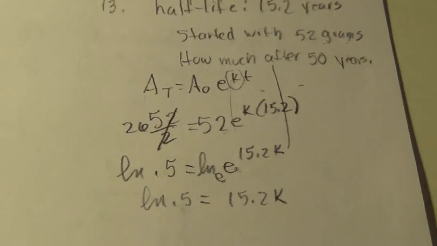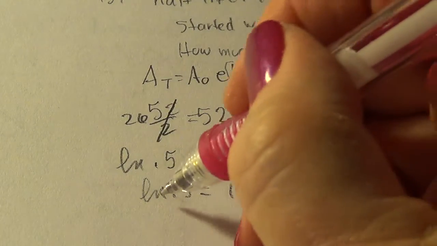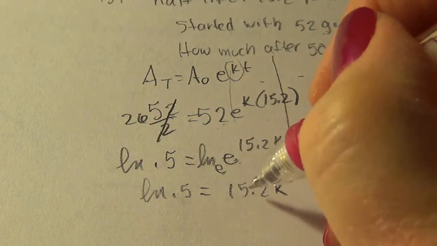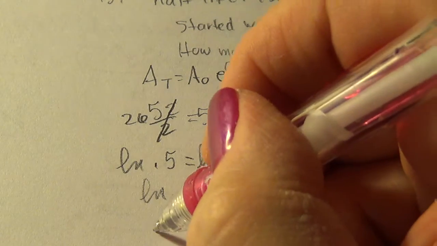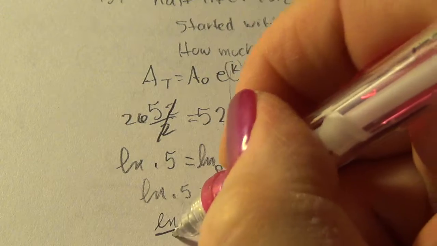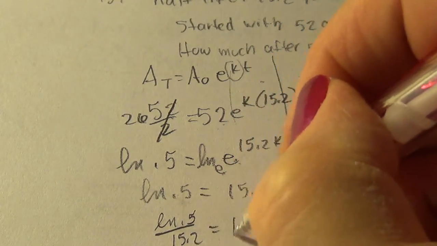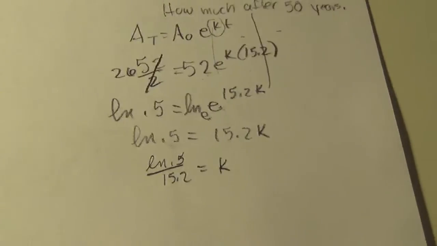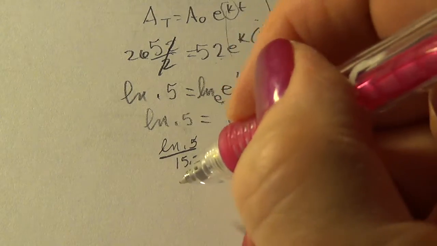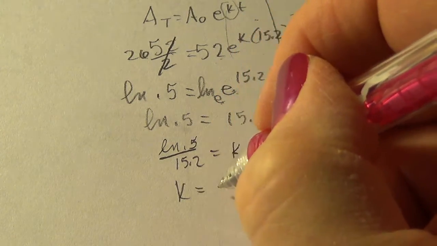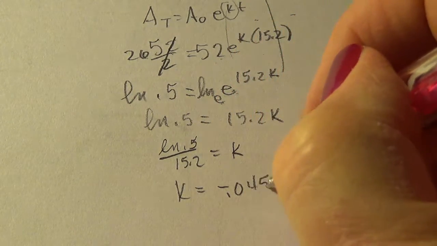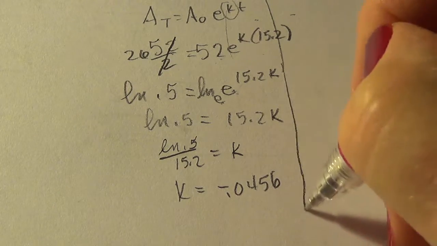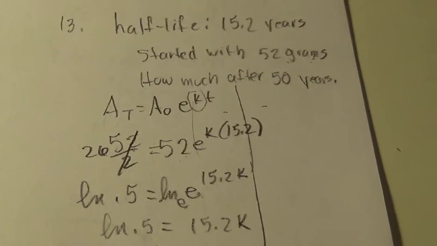So I did write down what I got when I divide ln of 0.5 by 15.2. That'll give me a k. It should be negative because this substance is disappearing. And a small negative number. Found k, use k.